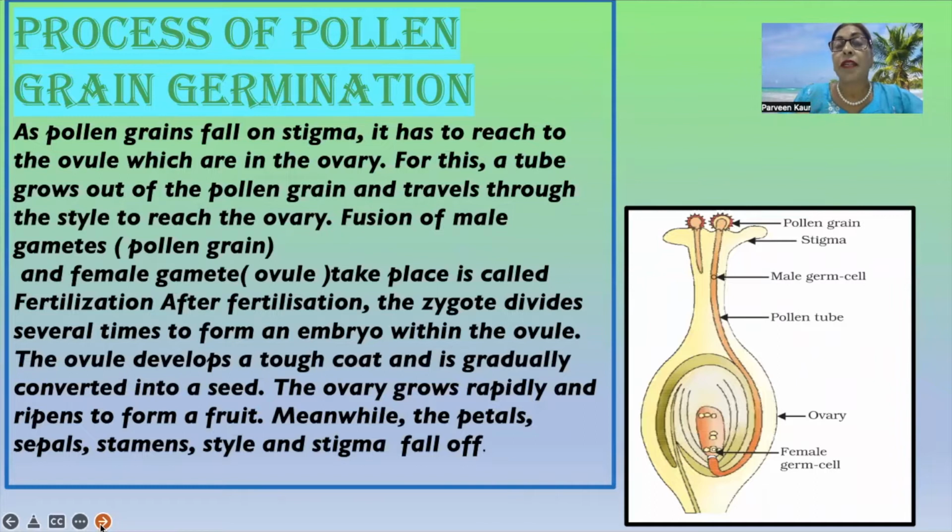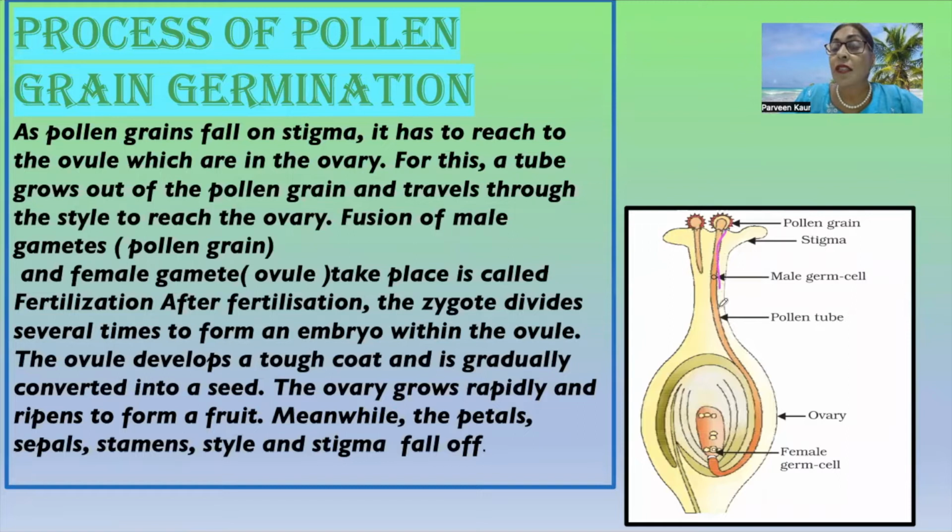Now we will see how pollen grain germinates and how the process takes place. Here in this structure you can see the pollen grain. The pollen grain falls on the stigma by pollination, as I told you just now, and after that it gives rise to a small tubular structure.